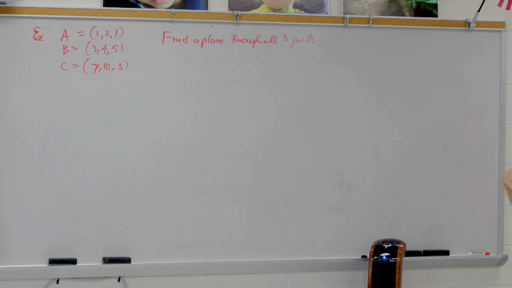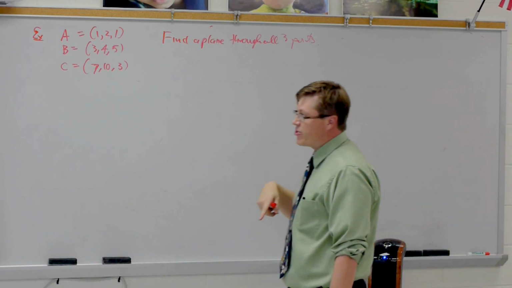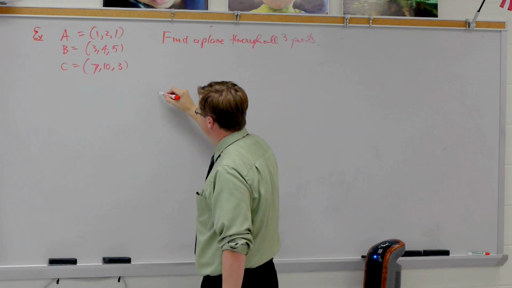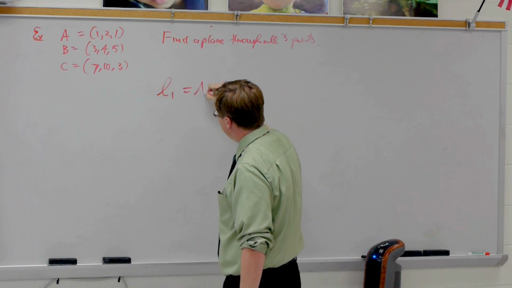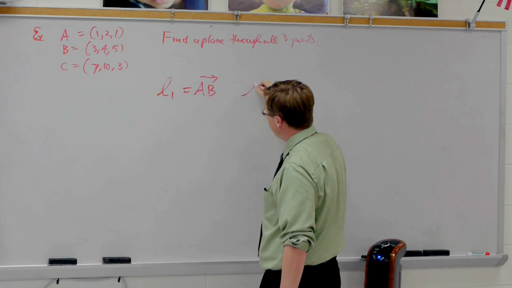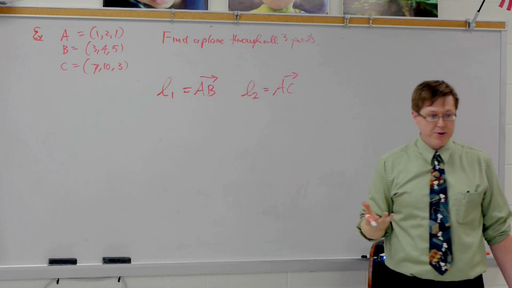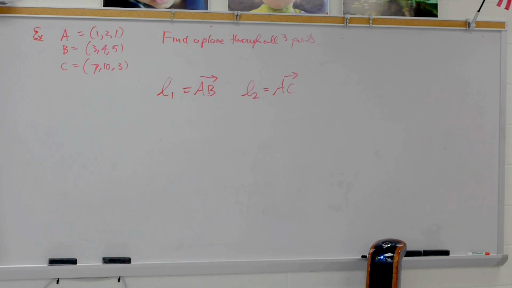that works in general. So if I have these 3 points, I can define L1 and L2. L1 is basically from A to B, and L2 is from A to C. That's arbitrary, but that's what I'm going to pick my L1 and L2 to be.